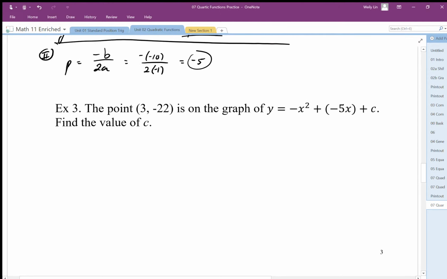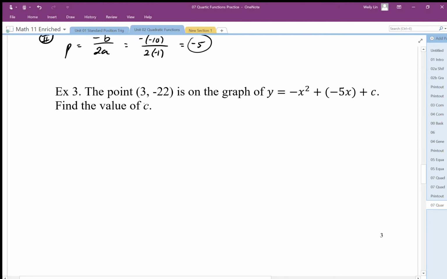Okay, let's take a look at this one here. We just have some general point, and we want to find the c value. If I want to find just one unknown part in the equation, I can plug in a coordinate.